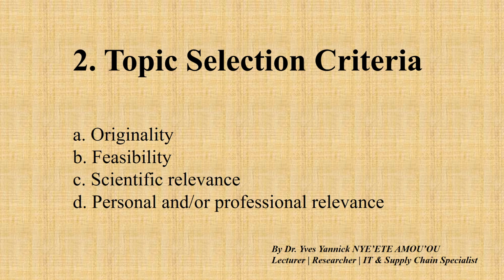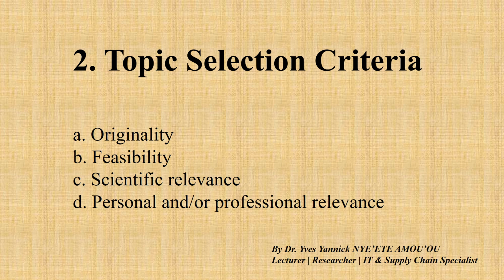In C, you have scientific relevance. The topic must contribute to academic knowledge or address a real problem in your field. It means that if after your thesis, we don't have any contribution to academic knowledge, we will just reject your master's.